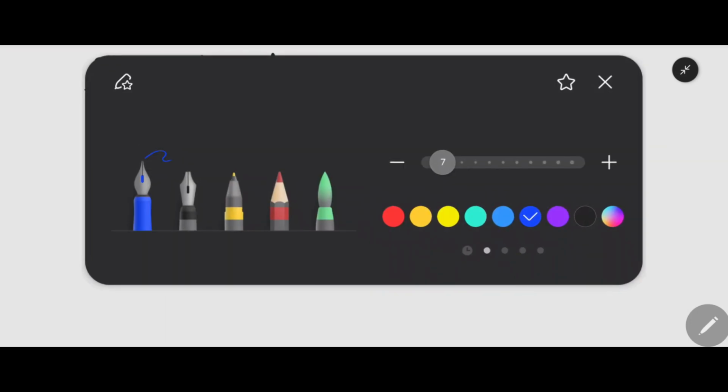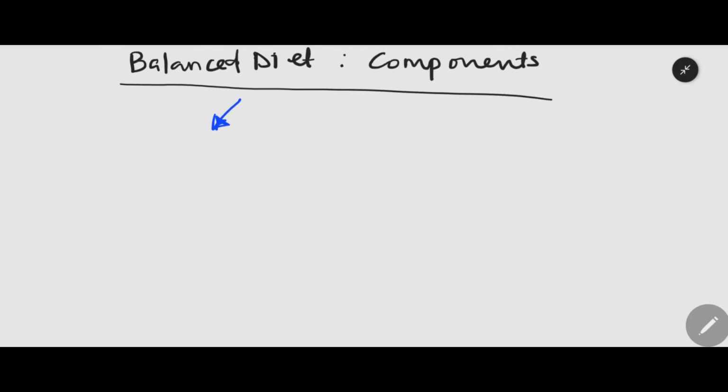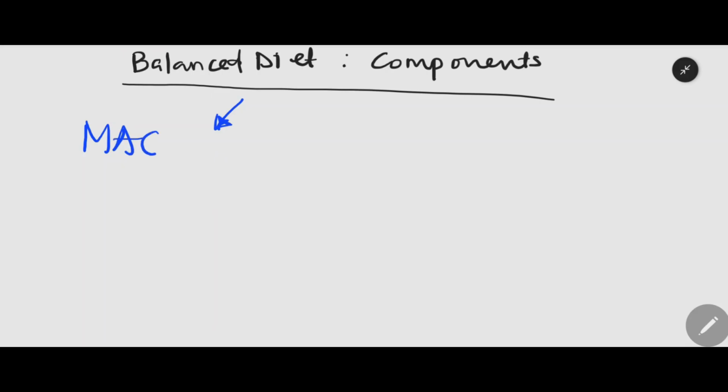Now we're going to look at balanced diet again, but this time we're looking at the components of a balanced diet. So there are 2 main types of nutrients that you want to remember. And these are macronutrients and micronutrients.